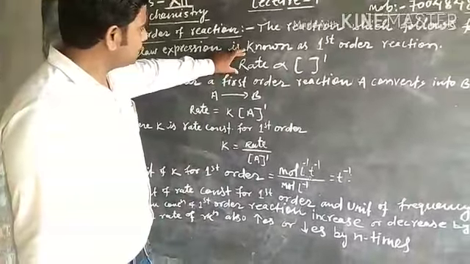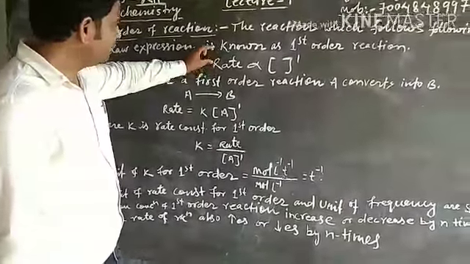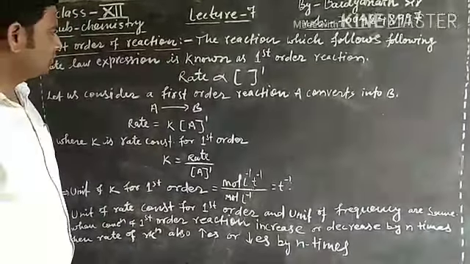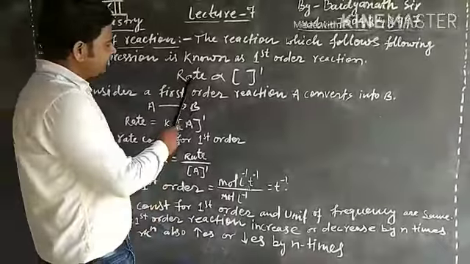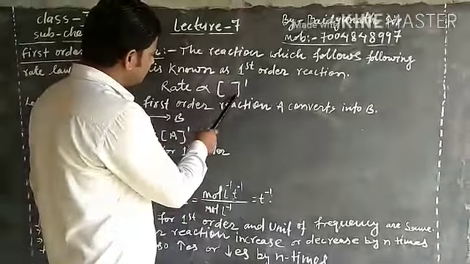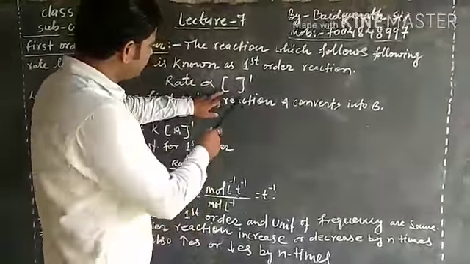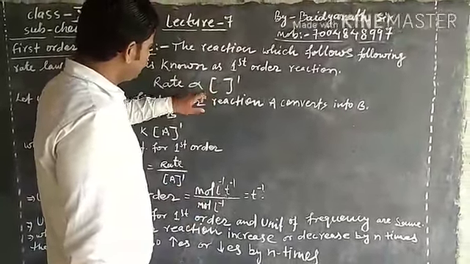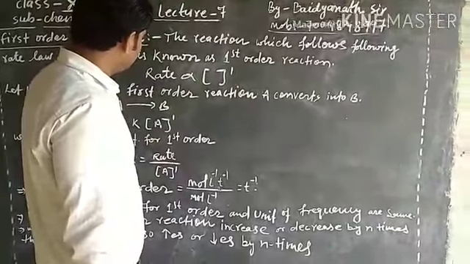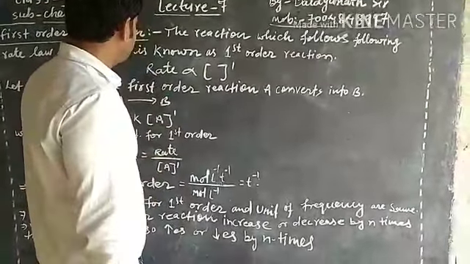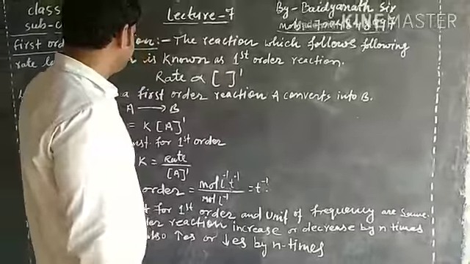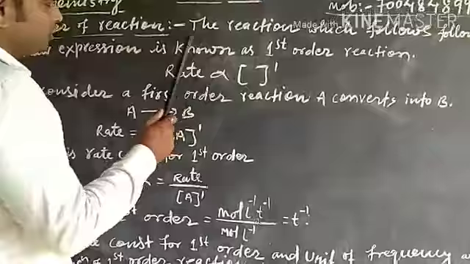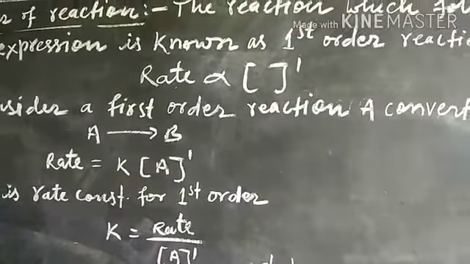When rate is directly proportional to concentration to the power 1, it is called a first order reaction.